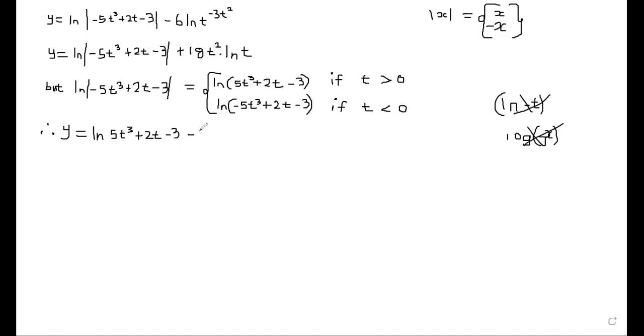Then minus 6 ln. Now we are doing this part, ln. Okay, we've simplified it. It's no longer minus 6, we simplified it to plus 18 t squared ln t.